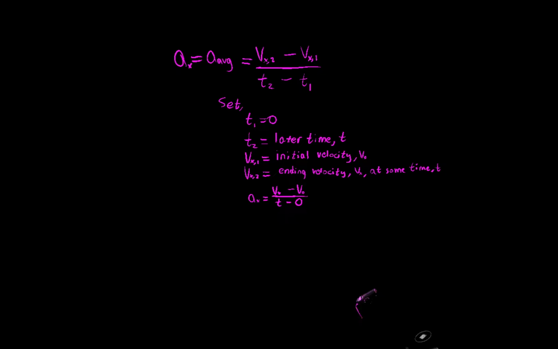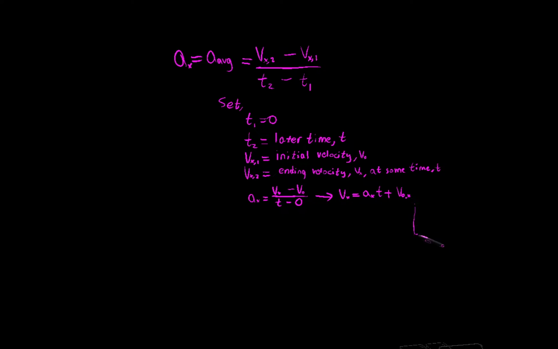And so you can solve for vx, the velocity in the x direction, and we can make it as a function of time. Let me write it this way so I don't over-confuse what I'm doing. Vx is equal to the acceleration in the x direction times t plus v naught in the x direction.